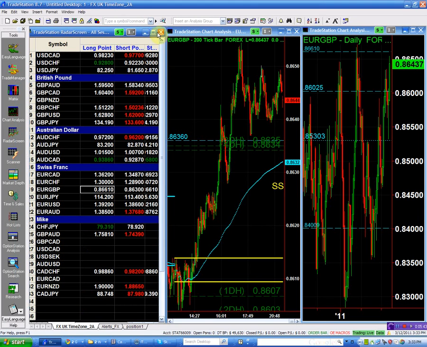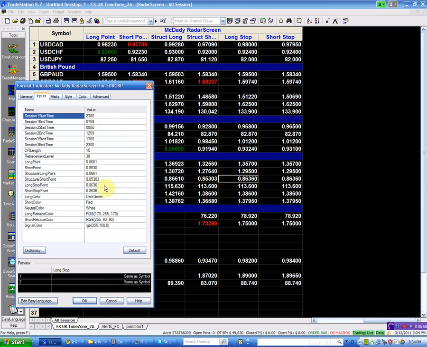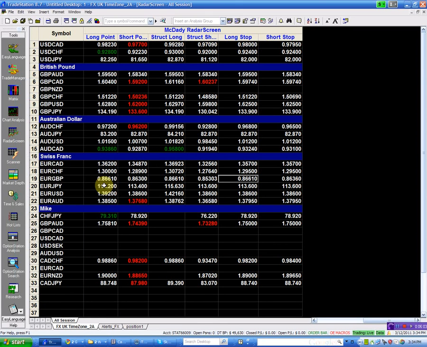So with that, my buy point and the structure long are one and the same, and I'll use it as the stop, so that's the rule. So my buying point and my long point are the same, and the structure point and my long stop are one and the same.